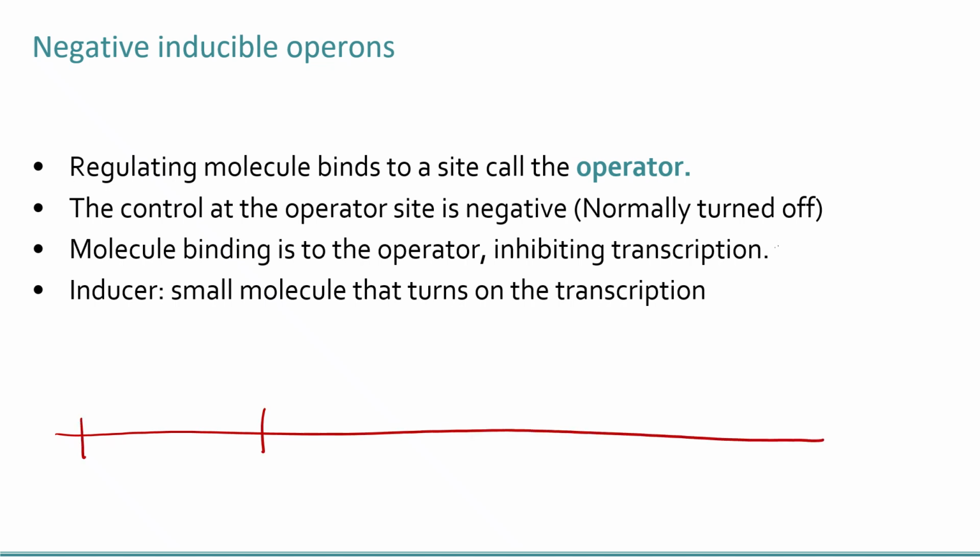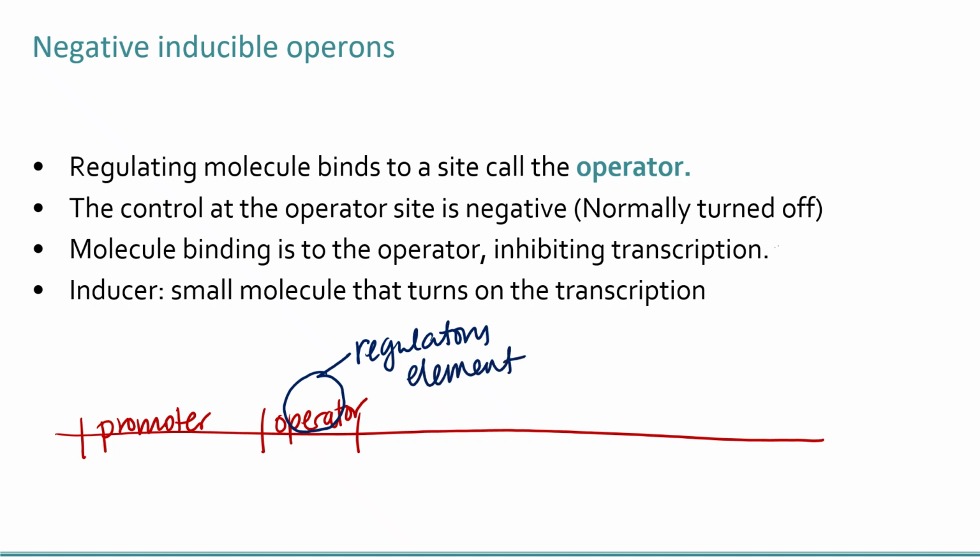In a negatively inducible operon, we have our promoter region and our operator. And in this case, we have our regulatory element bound to the operator. This is going to block transcription from happening.